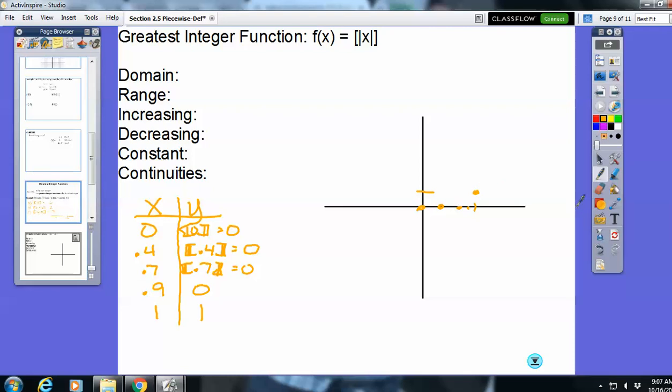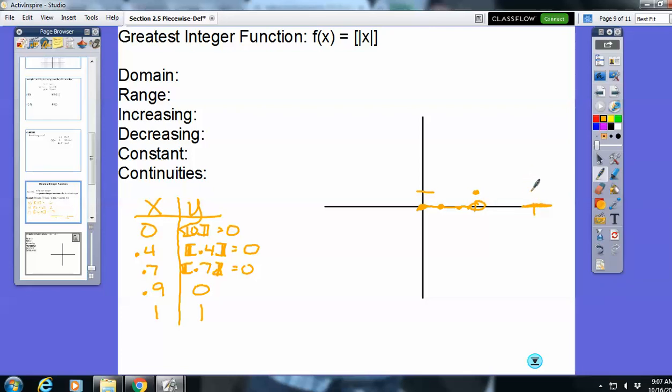Okay, so when you graph this, you are going to be down here at 0 up until you put in 1. So what do we always put, what happens right here? Open circle. So you have an open circle at 1, 0, then you jump up. That is really all you need from your t-chart, because now I can see my steps are 1 unit long, and then you jump up 1.